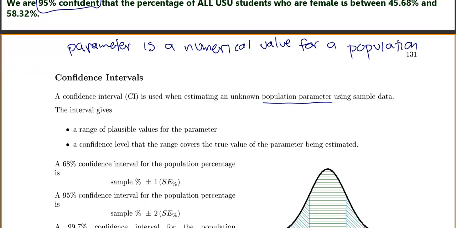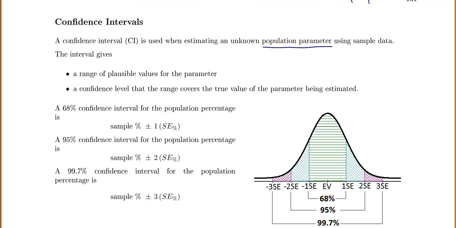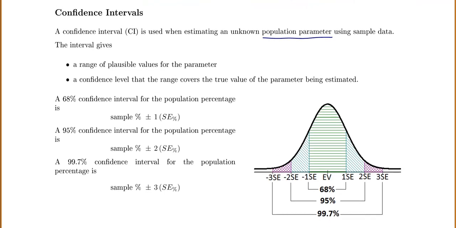There are different confidence levels that you can use. If you go out one standard error, so your sample percentage plus or minus one standard error, we'd call that a 68% confidence interval. If you want a 95% confidence interval, you have to go out two standard errors. And if you want a 99.7% confidence interval, you have to go out three standard errors. Those numbers should look familiar.